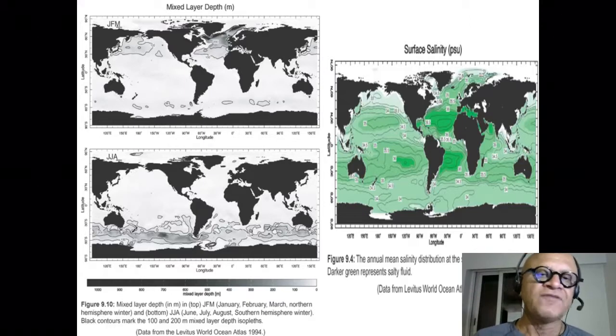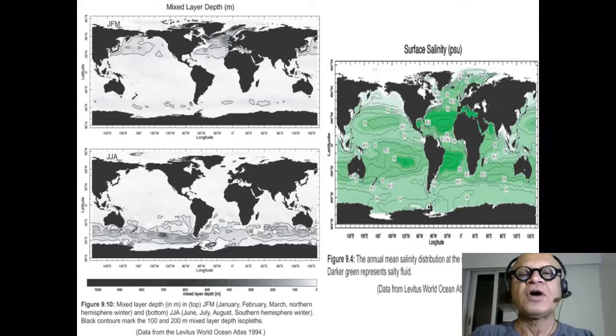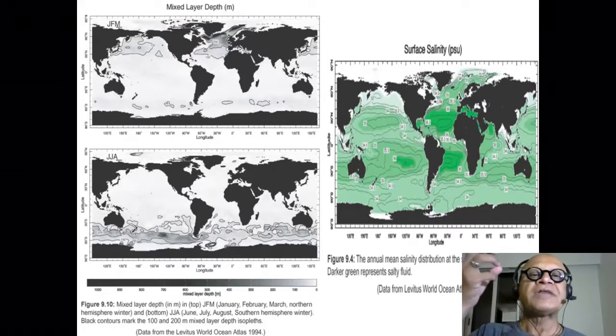So if we stick to the definition of density homogenization in the vertical as a definition of mixed layer, then a deep mixed layer indicates easier sinking of the water masses from the surface if there is a buoyancy loss.